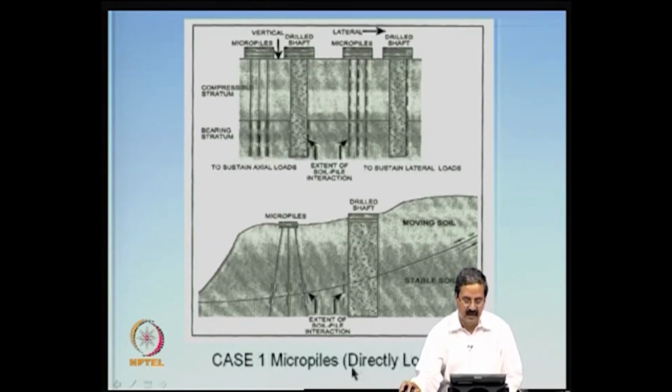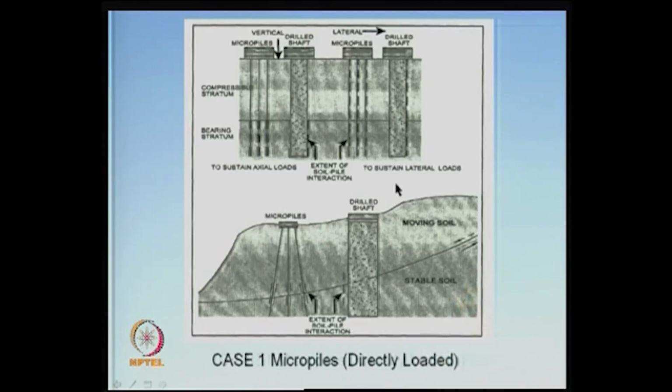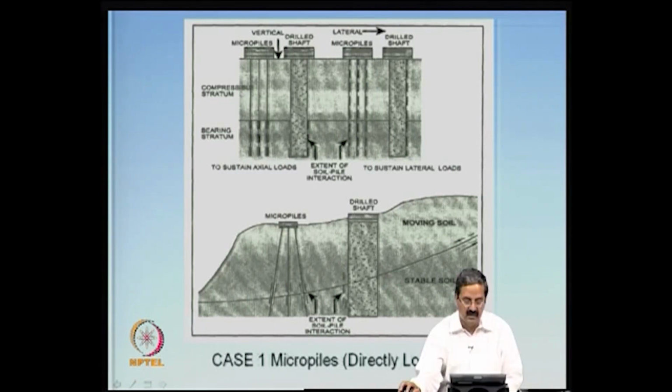This is what I said, it is called directly loaded materials, like in case 1 micropile, these materials are loaded directly and then you get the advantage. You can see that here you are trying to design it for the vertical component.